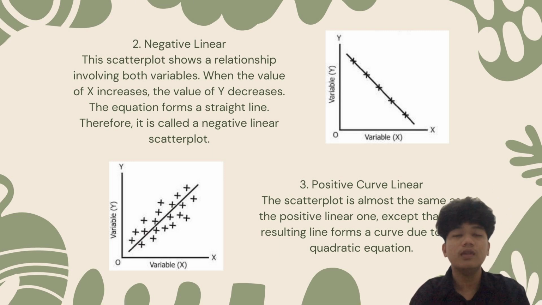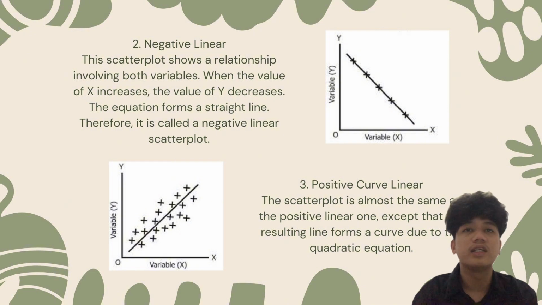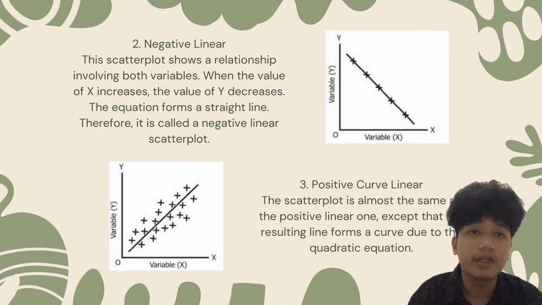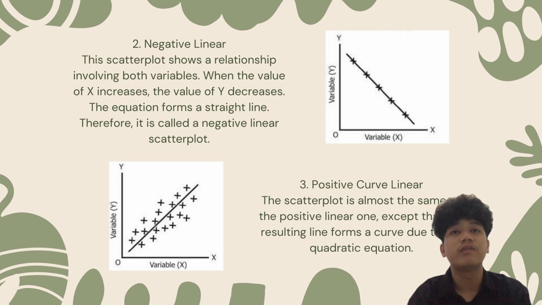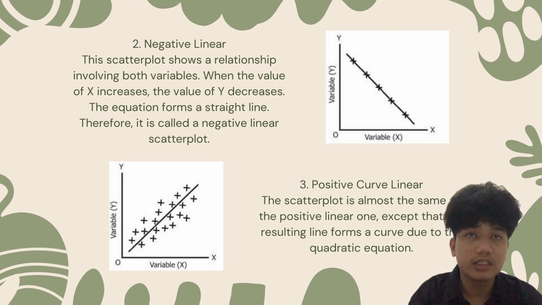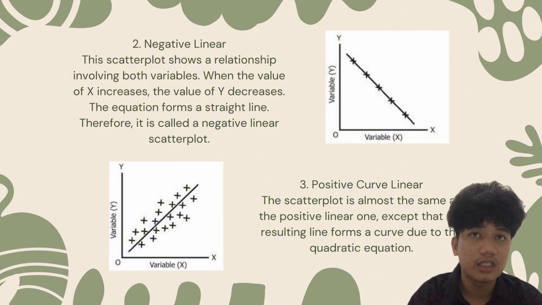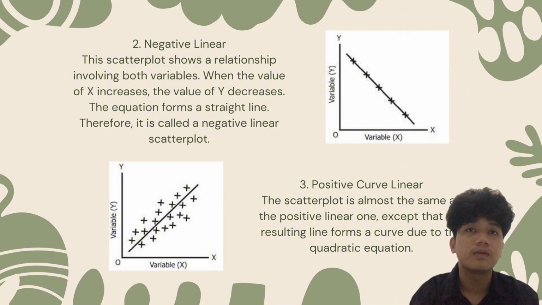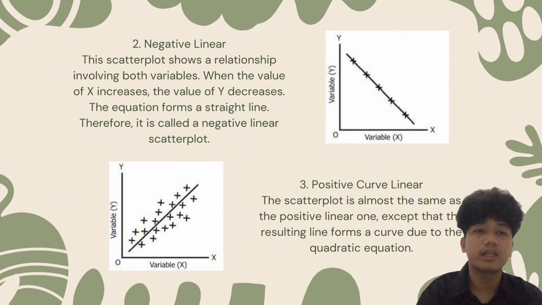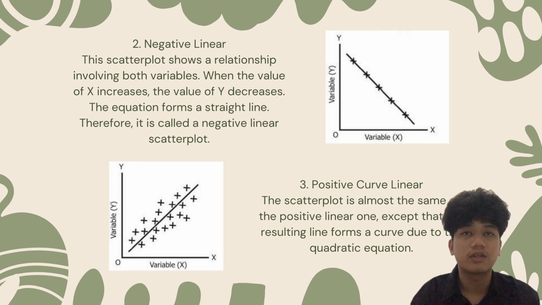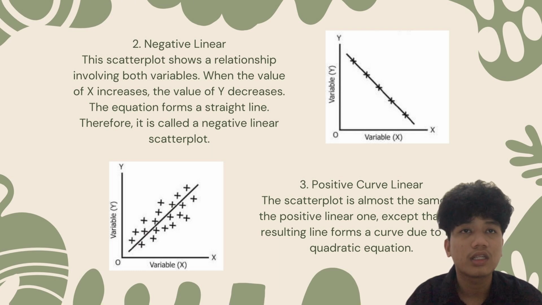Number 2. Negative linear. The scatter plot shows a relationship involving both variables. When the value of x increases, the value of y decreases. The equation forms a straight line, therefore it is called a negative linear scatter plot.